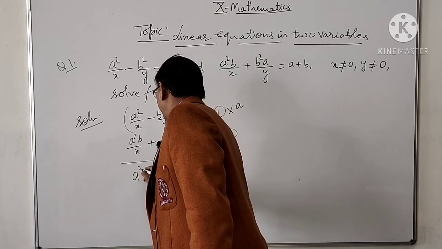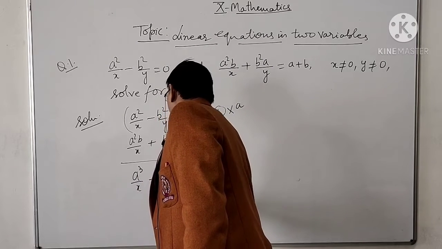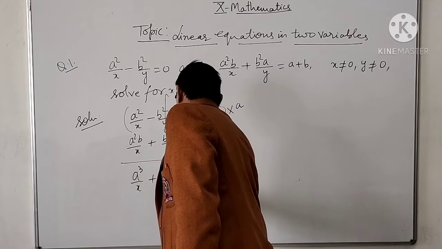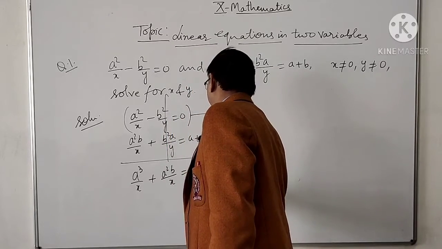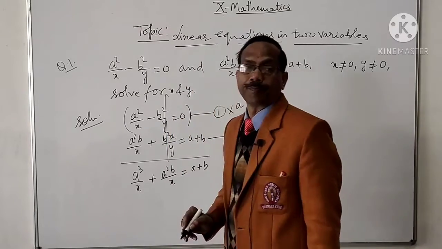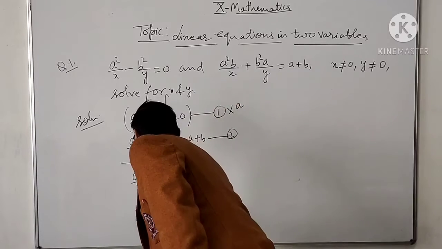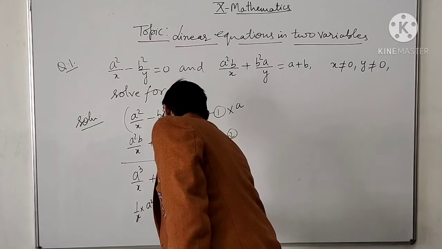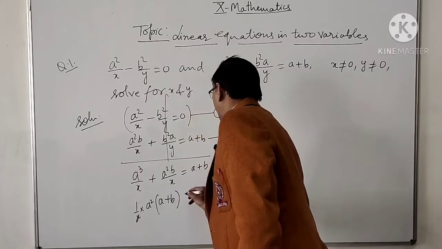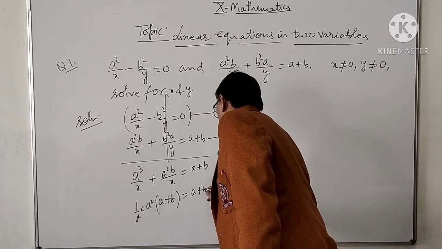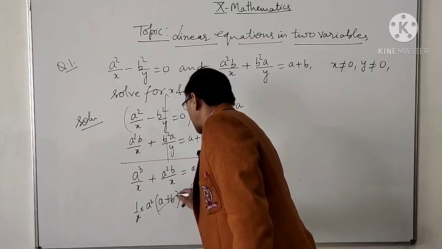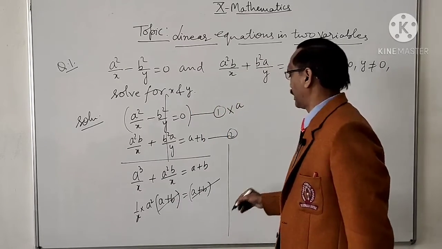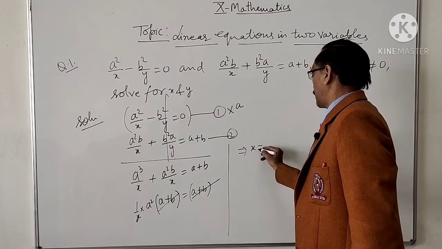And we will get a cube upon x plus a square b upon x equal to a plus b. 1 upon x and a square common, then it is a plus b equal to a plus b. Here a plus b is cancelled out. Then we will get x equal to a square.